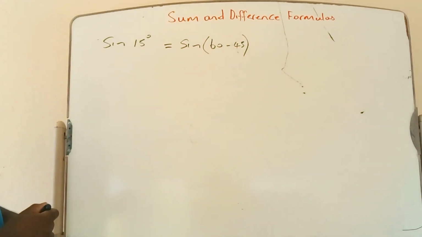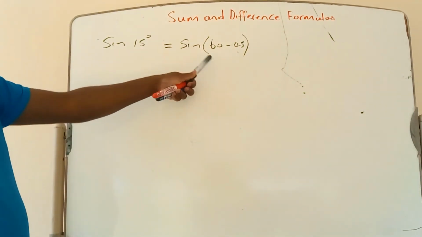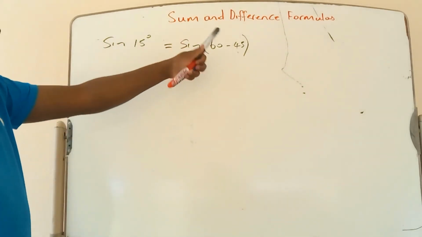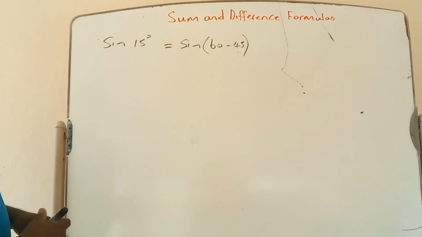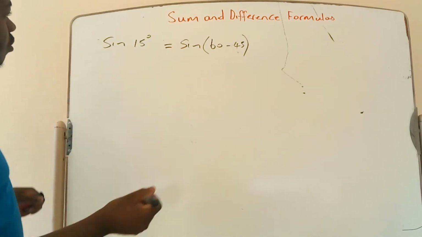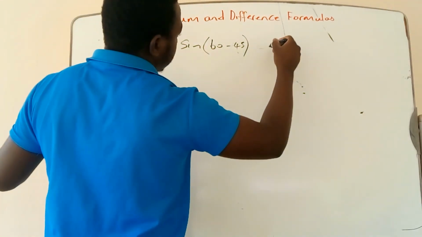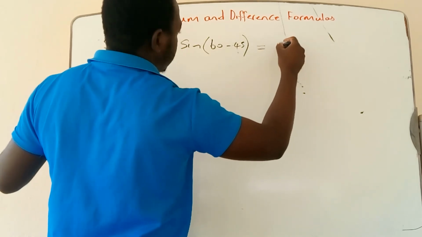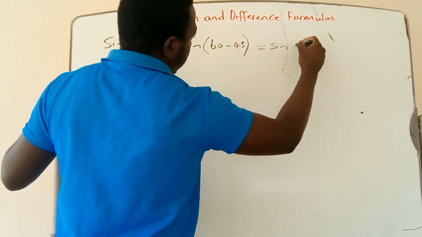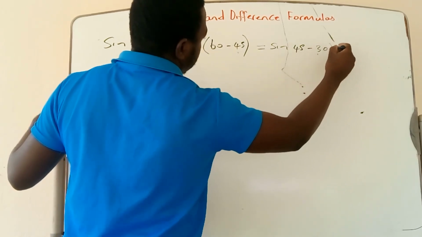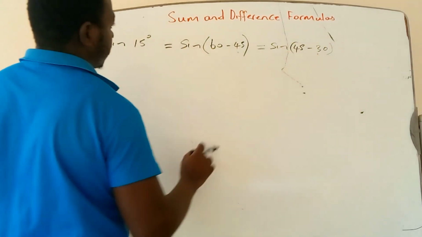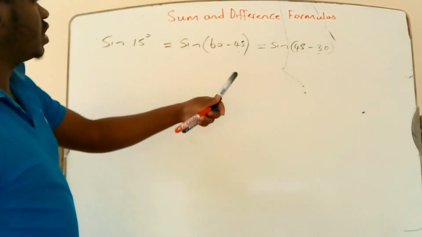That's 15. We could also use 45 minus 30 because that's still 15, right? So it doesn't matter which one. This is also equal to sine of 45 minus 30. The same thing. Both of them, if you subtract, you get 15.